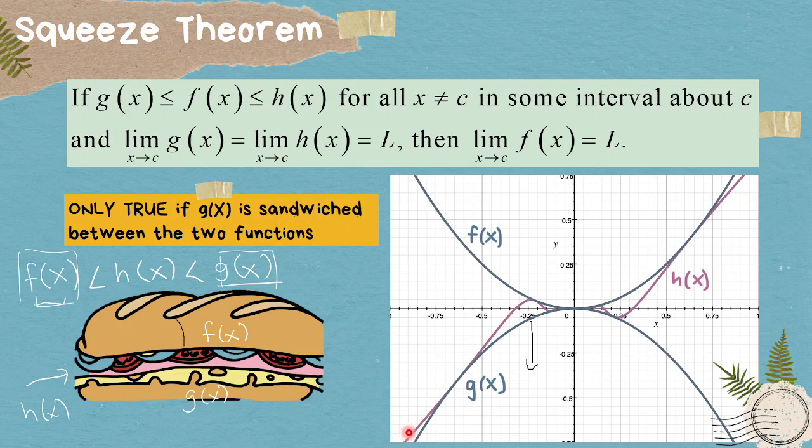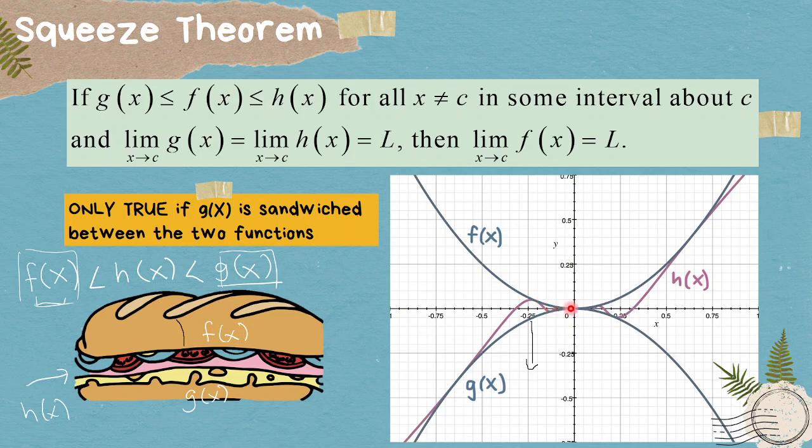Are you getting my point? If we have some function that is sandwiched between f of x and g of x, and the limit of f of x equals the limit of g of x, for example equal to 0, then the limit of h of x equals that value as well. So this is what we call the squeeze theorem or the sandwich theorem.